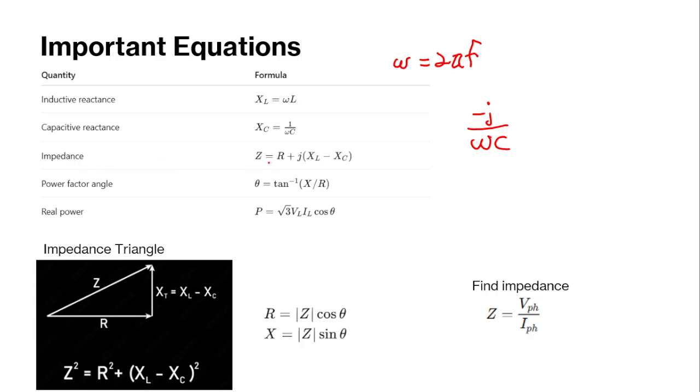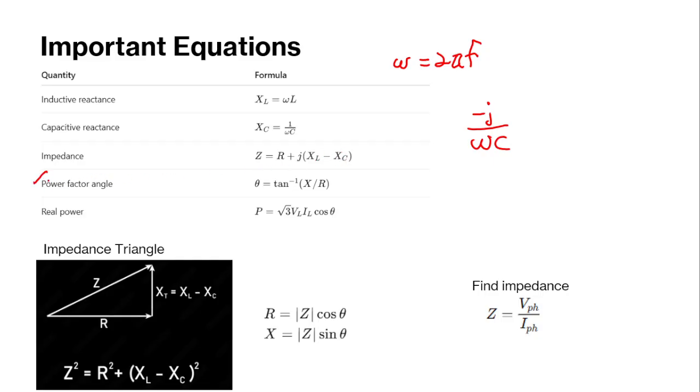Just remember, when you're doing the impedance, it will be R plus j, XL will be positive, minus XC. There's always XL minus XC, because the capacitive reactance is negative.